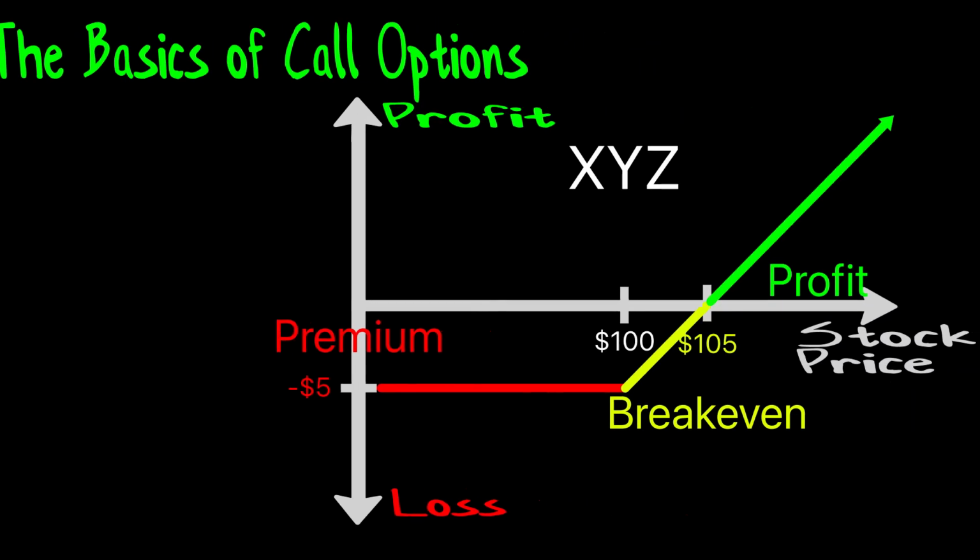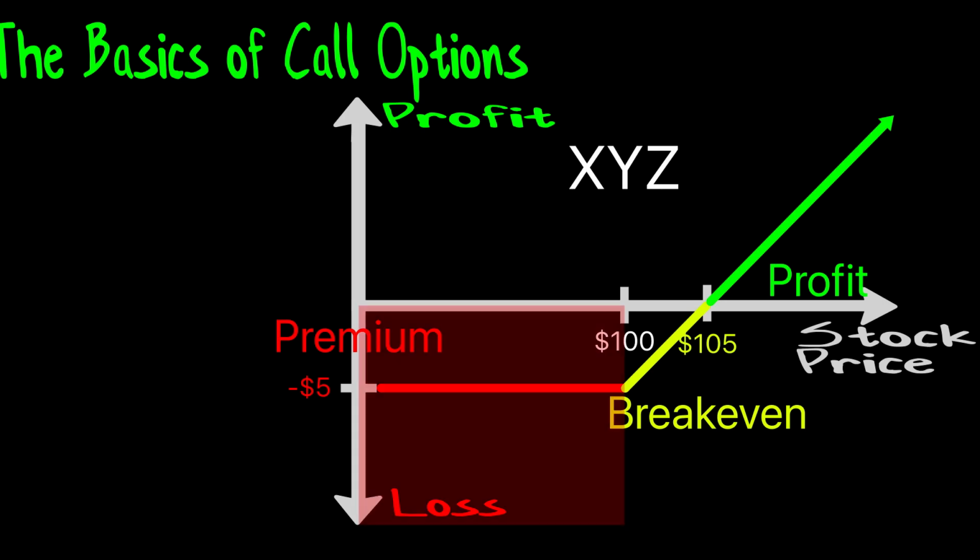Now we will take a look at the option payoff diagram at expiration. If the stock is less than $100 at expiration, you will be in the red zone with your max loss of $5 per share or $500, which sucks. But remember, if you had bought the stock, your max loss could be higher, even up to $10,000 if the company went bust.